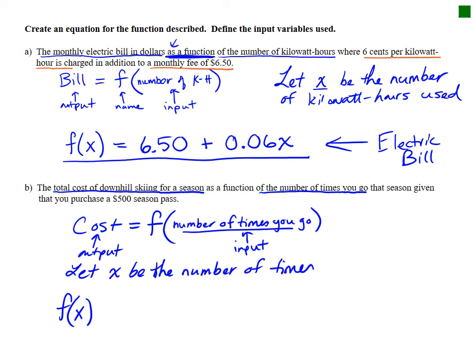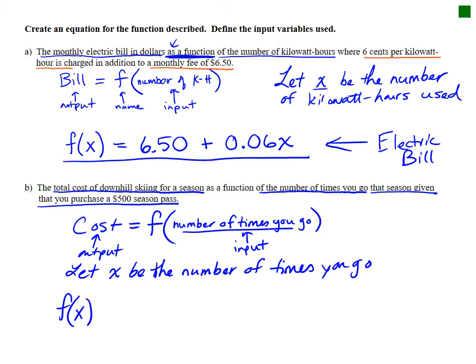Now to create the equation, I need to read further. It says that season, the number of times you go that season, given that you purchase a $500 season pass. Now think about how passes work. You purchase it once, in this case for $500, and it allows you to do what?